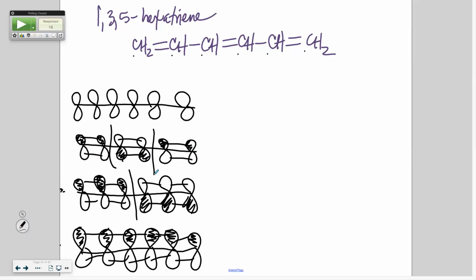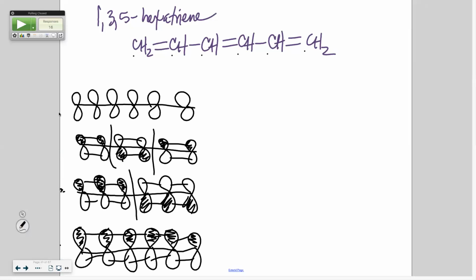Now how are we going to get to 3? Just look at your possibilities. We want 3 nodes. How many bonding interactions do we have in the one below? 3.